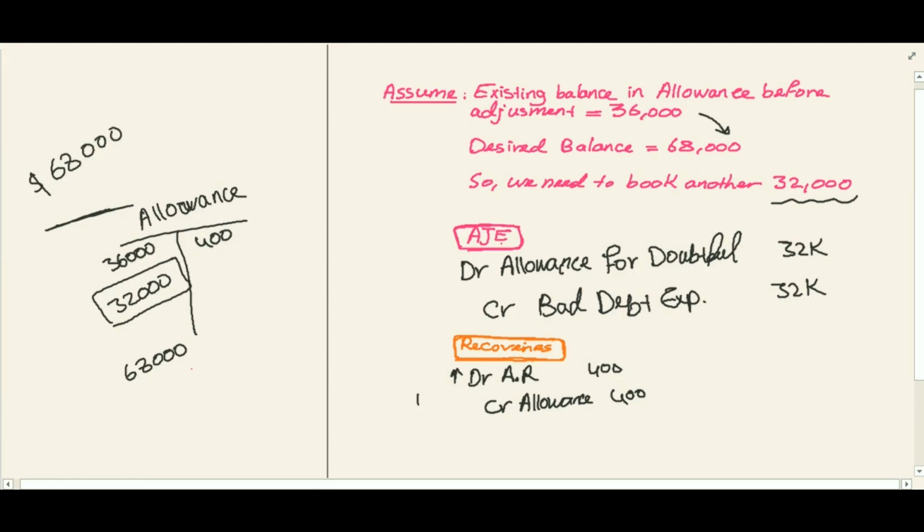So this is the first journal entry. Then, because they have paid it, we will increase cash by 400, and we will credit accounts receivable by 400. You may ask why we don't just debit cash and credit allowance.